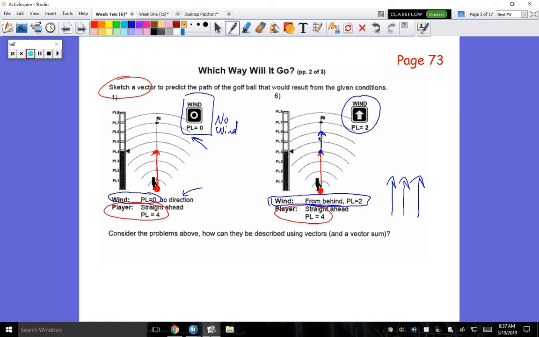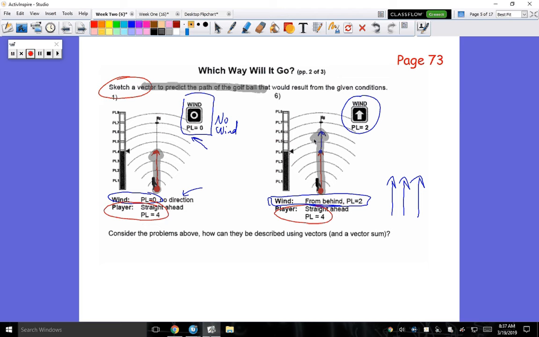But we want to sketch a vector to predict the path of the ball. So let me do this in gray, just the path of the ball. Here it would be this, and here the entire thing is that resultant vector. So how can they be described using vectors in a vector sum?